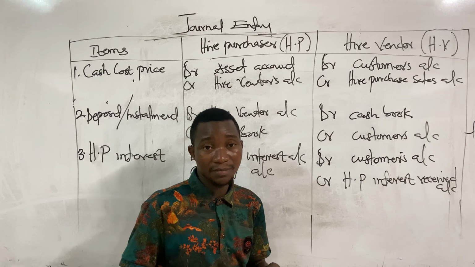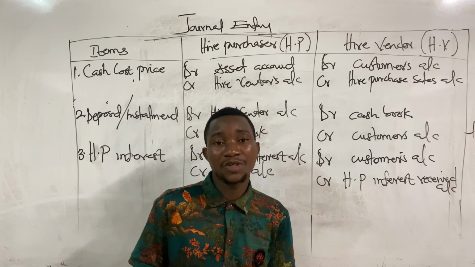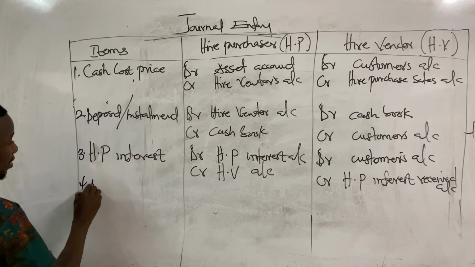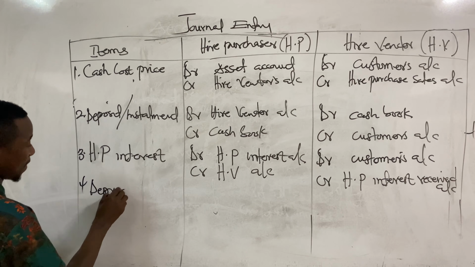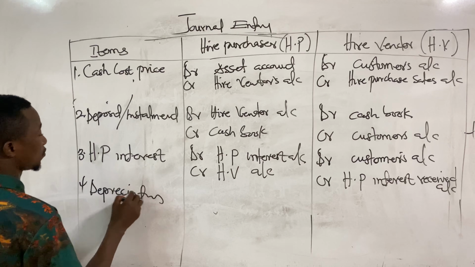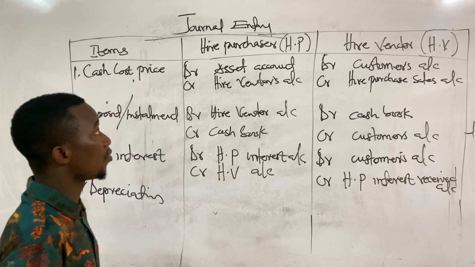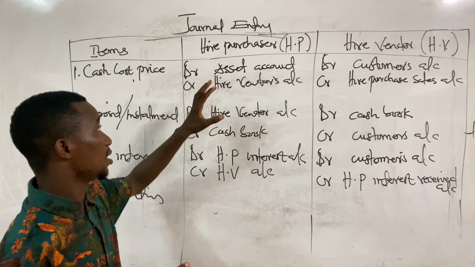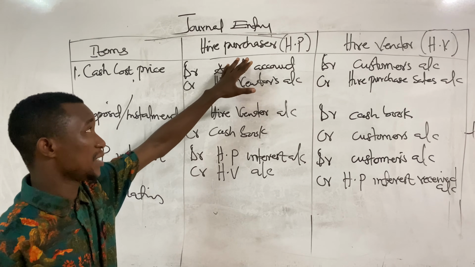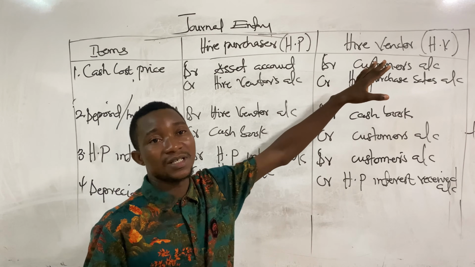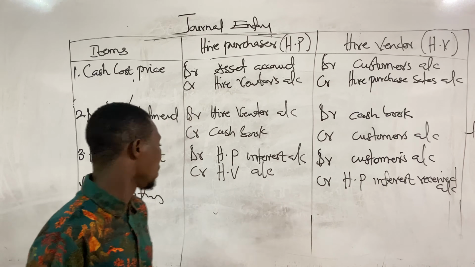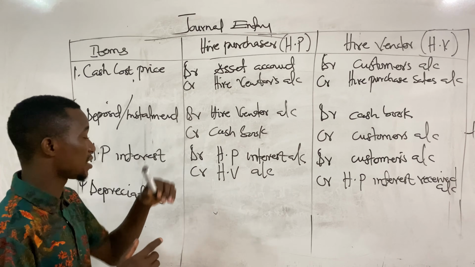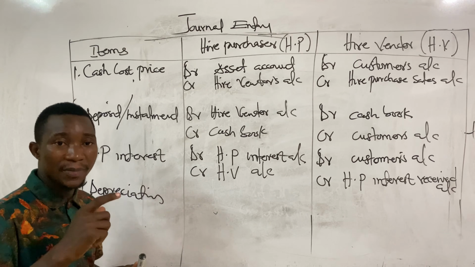And the fourth item I would like to talk about is depreciation. I told you when we consider the item of sales to be an asset, it will be an asset for the hire purchaser and it will be an item of sales for the hire vendor. So because it will be an asset for the hire purchaser, there will surely be a depreciation.